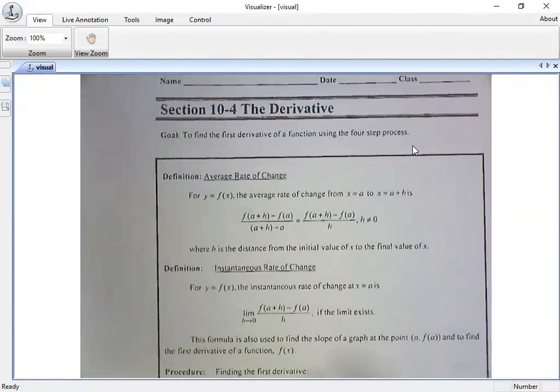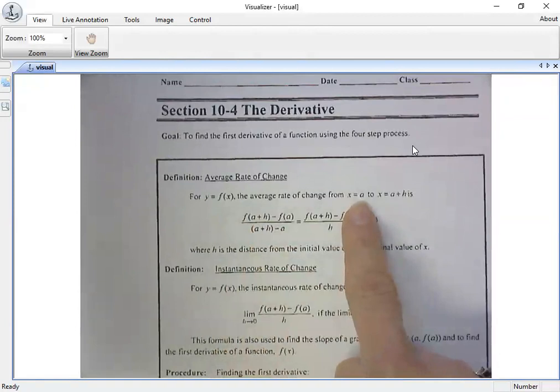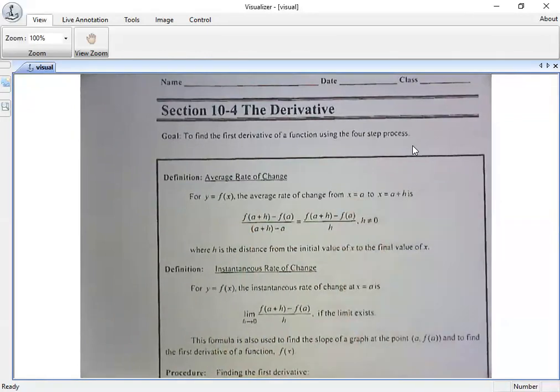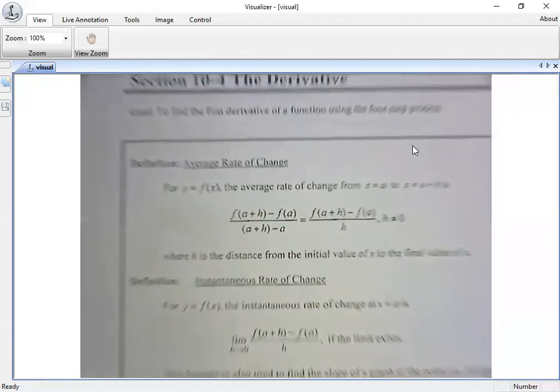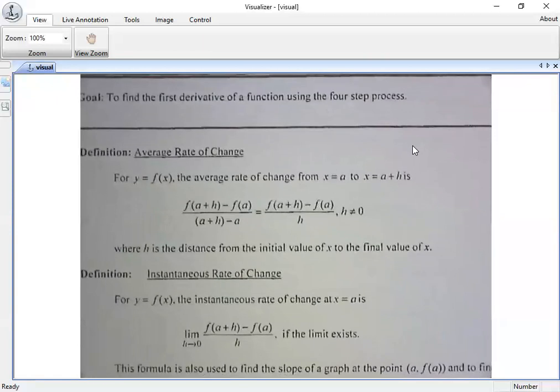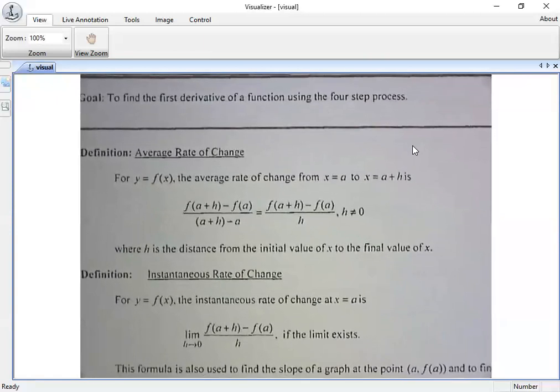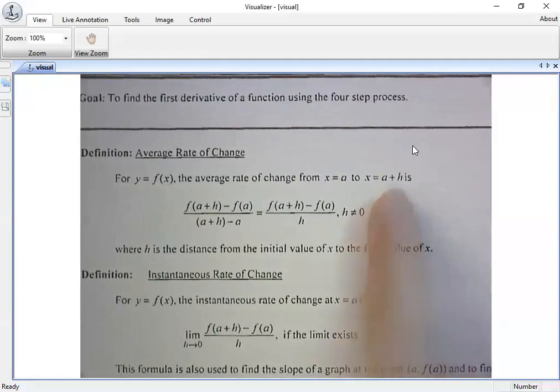And what we're going to look at is if I have some point, we're going to call it point A, kind of like we looked at on that curve. And I add some distance to it to get to another point, and we'll call that distance h, okay? Then, how would I calculate the rate of change?